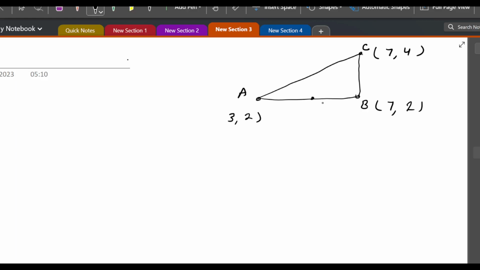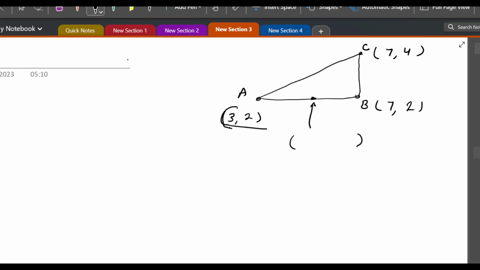Now, suppose we have to find the midpoint of AB. From seeing these values, tell me the coordinate of this midpoint. No, don't go with the formula. Practically see it.